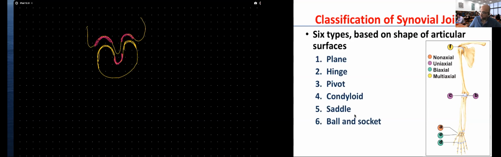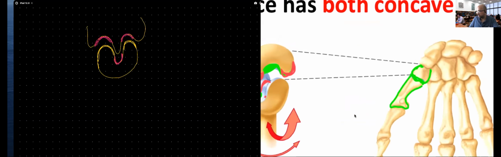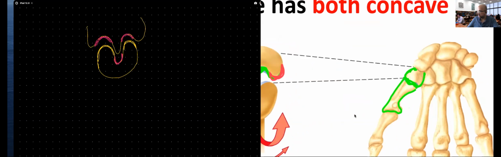This is like the carpo-metacarpal joint of the thumb. This joint here between what carpal bone is this? Do you remember? What is this carpal bone?